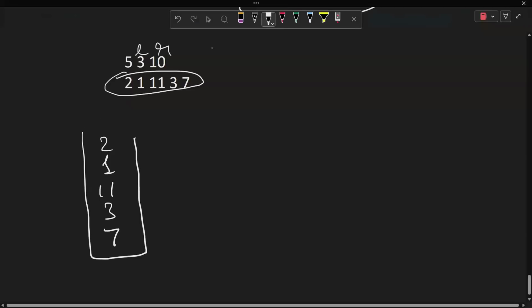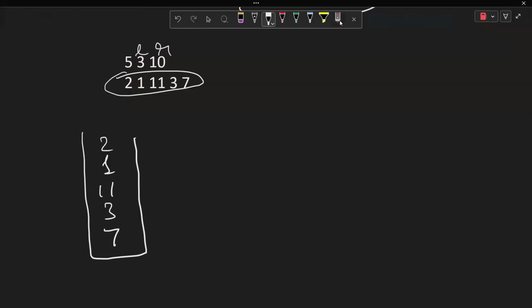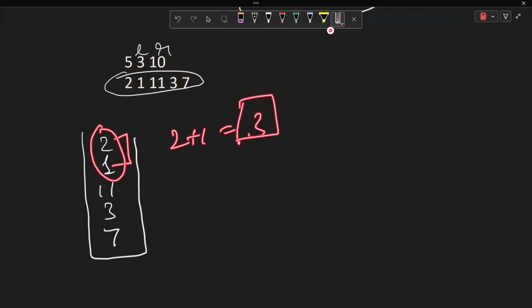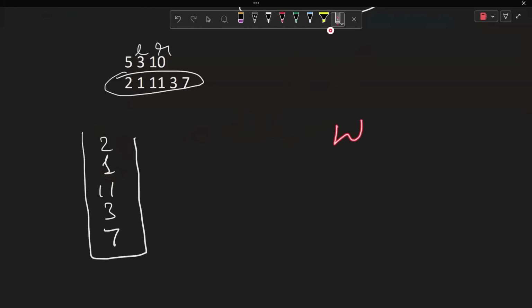Okay, so what Igor has to do is select cards. So let's say he selected the first two cards. Now the sum of these, 2 plus 1, is 3. Now, if this 3 falls in the range from L to R, then he would win the round. Otherwise, he would lose the round. That's the condition.